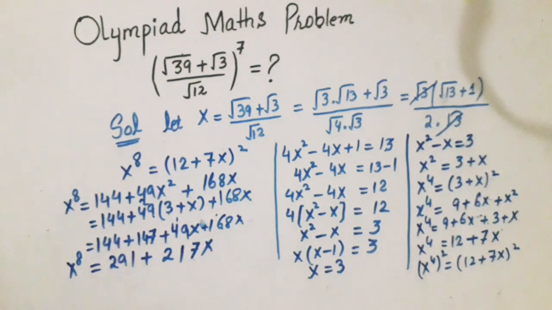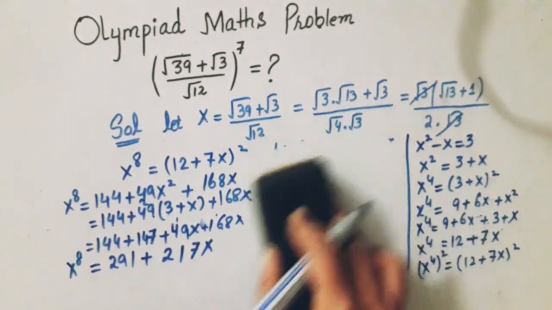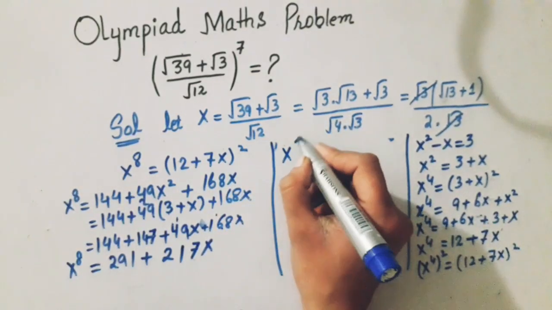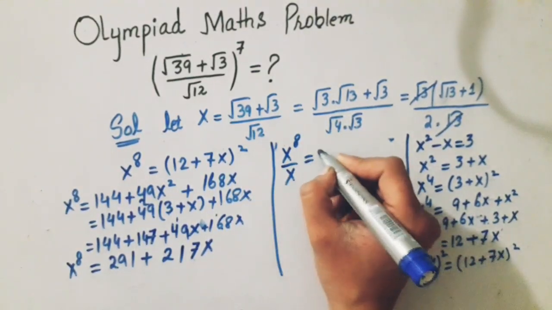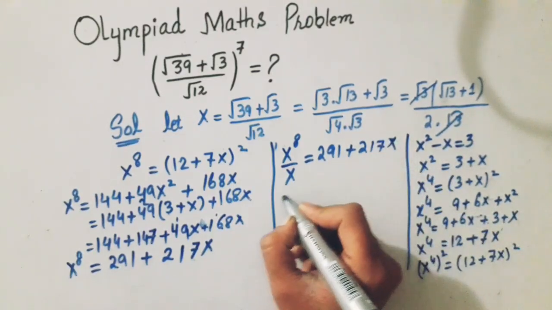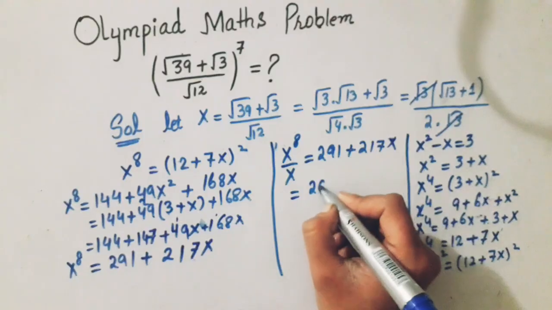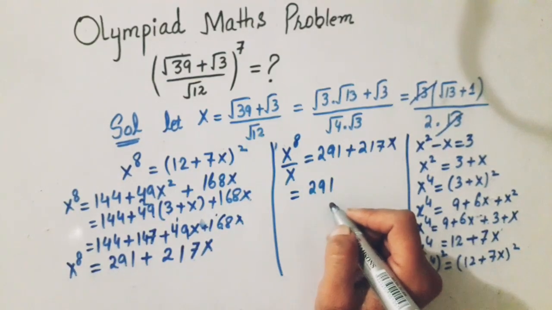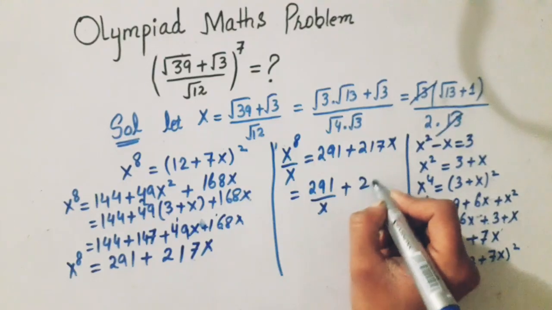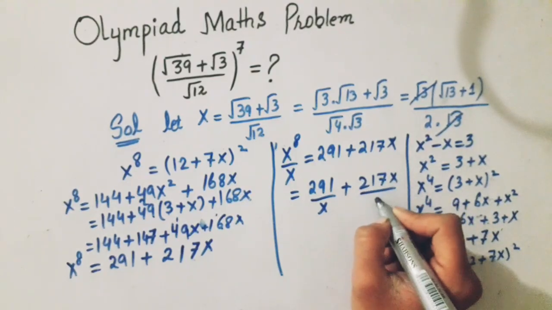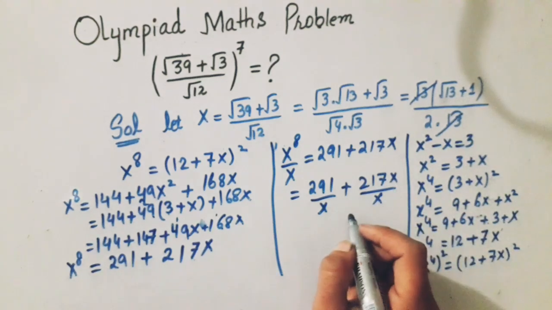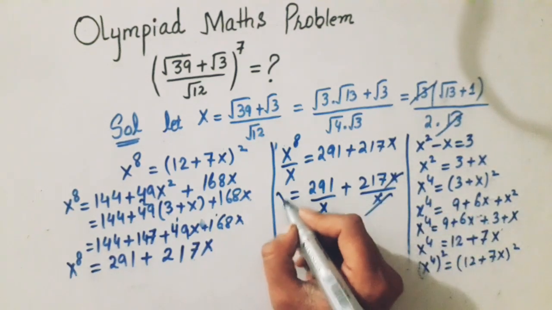Now this will be divided by x. So x8 is divided by x. We get 291 divided by x plus 217x divided by x. So we get answer equals 217, x cancels out, x7.